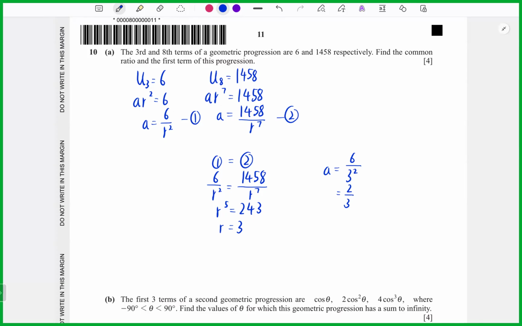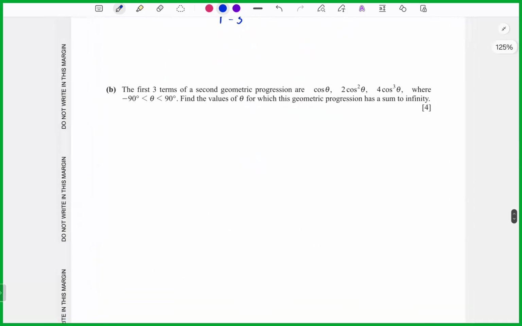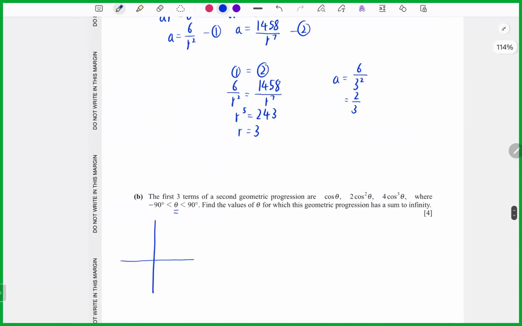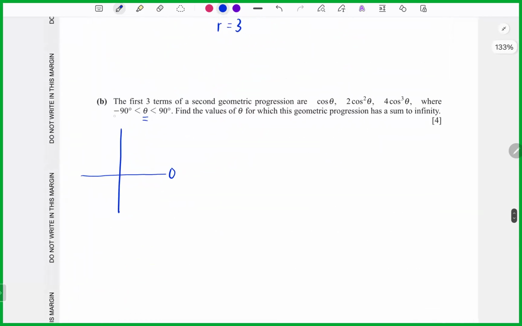Let's look at question 10. The first three terms of a second geometric progression are 2 cos theta, 2 cos squared theta, 4 cos cubed theta, where theta is between negative 90 and 90 degrees. It means 0 is the center, positive 90 degrees and negative 90 degrees, so your angles will just be in the first and fourth quadrants.